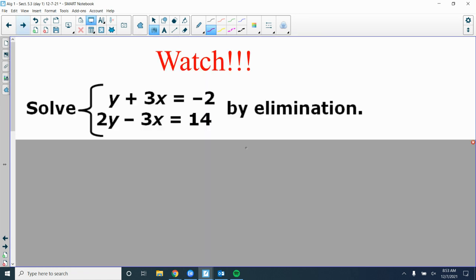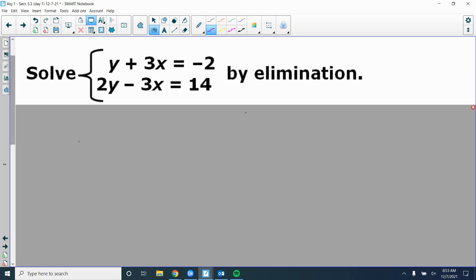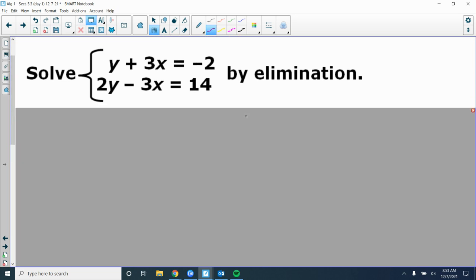Again, just pay attention to this. Not on your notes. I got y plus 2y. I got 3x and negative 3x. I got my equal sign. Everything's lined up. Put the y's over the y's, x's over the x's. What happens when I add those two together? What's going to happen, Ryan? Adding those two vertically, you get 3y.